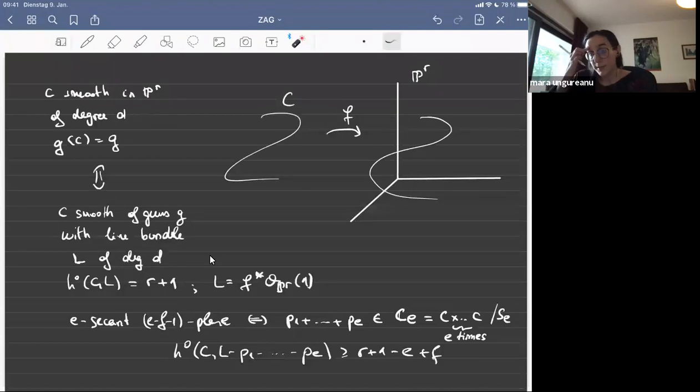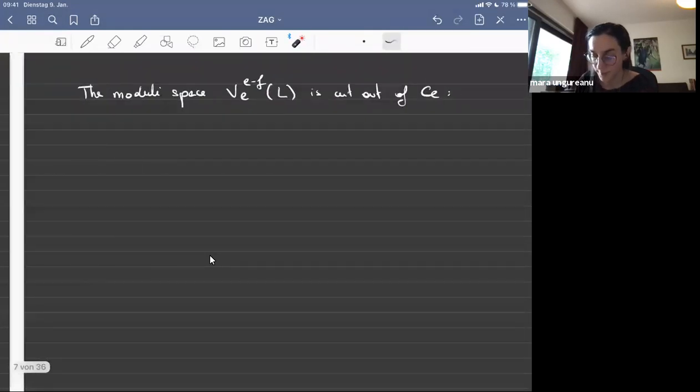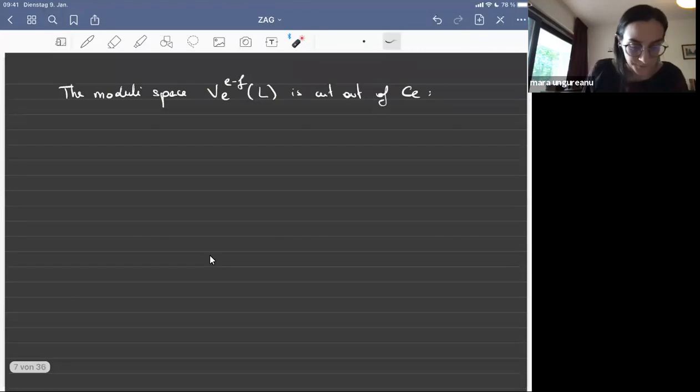And this is actually a very convenient condition by which I can describe my secant planes, because now I can describe this parameter space that I'm interested in. I can cut it out from the symmetric product via the degeneracy locus construction.